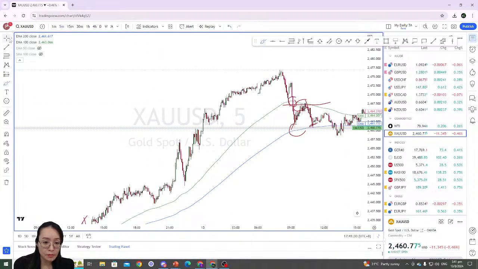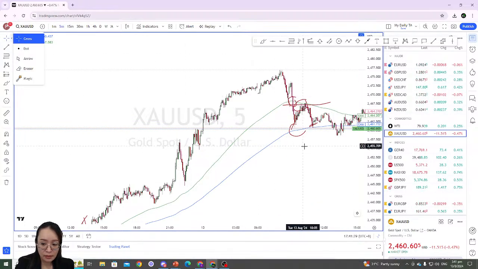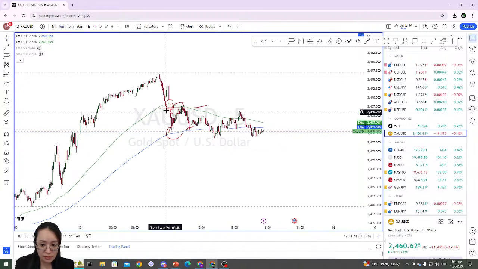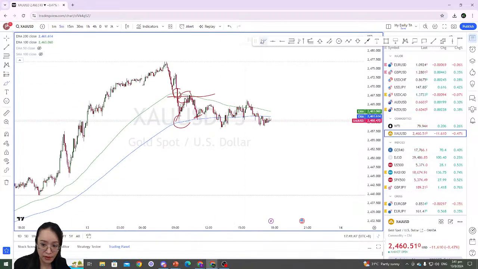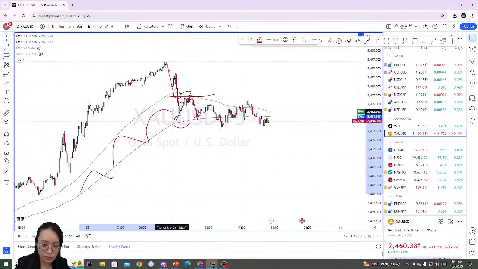But once both EMA 100 and 200 are close to each other, it means that the market is ranging or sideways, which is here. What you can see here, a really strong uptrend, right? M5, really strong uptrend.